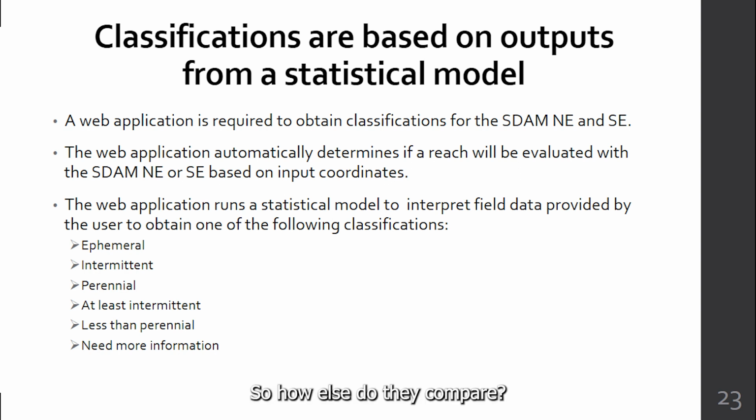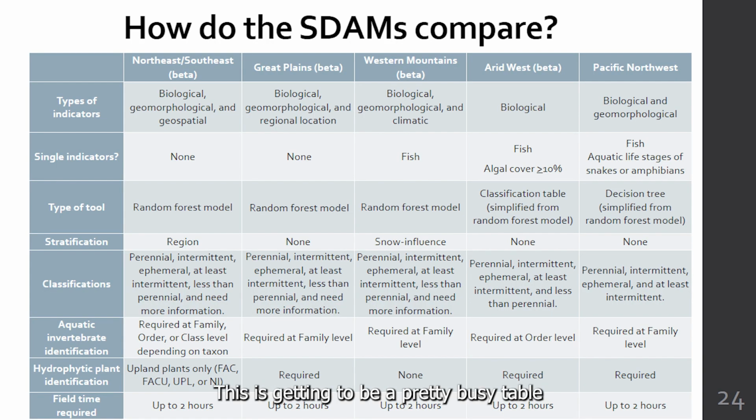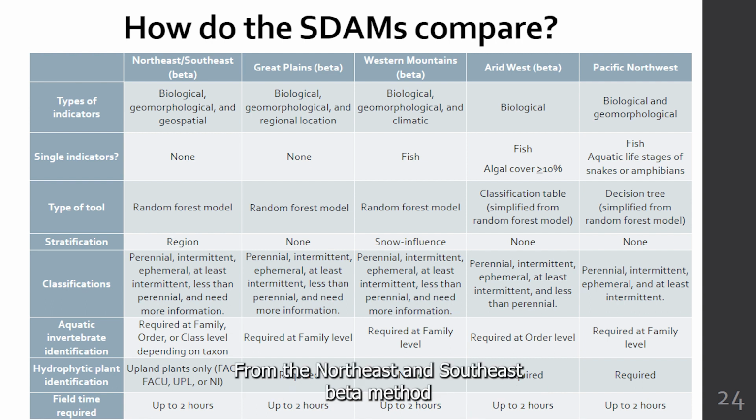So how else do they compare? This is getting to be a pretty busy table as we've produced more and more SDAMs across the country. But in general, you'll see biological indicators show up as one of the types of indicators used in all of the SDAMs across the country, from the Northeast and Southeast beta method all the way over to the final method in the Pacific Northwest.